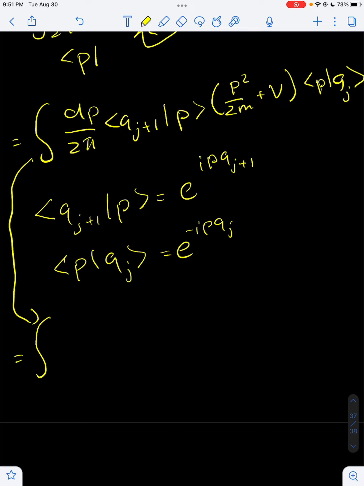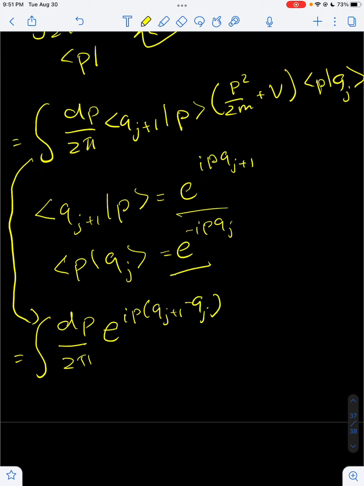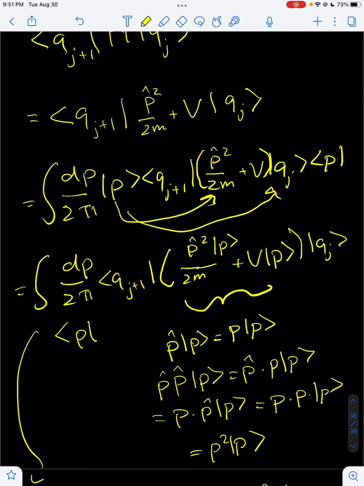So this expression becomes the integral over dp over 2 pi of e to the i p times (q_{j+1} minus q_j). Just combine both of these terms together. And then times p squared over 2m plus V, which I'm just going to call the Hamiltonian H because it's faster to write. And we finally wrote it in terms of momentum, so that's cool.